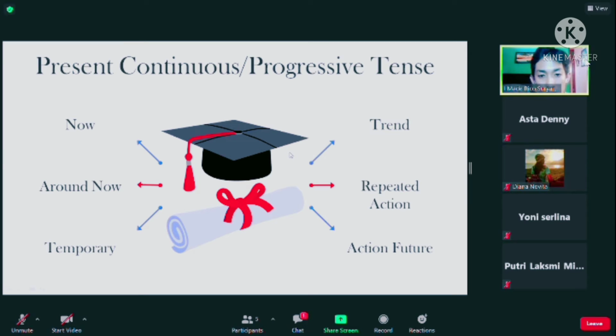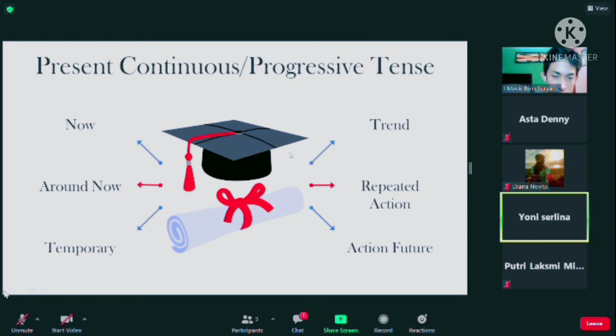So do you have any concern or still not clear maybe in a few parts? You can unmute yourself and let me know which part you still don't get. Okay, everyone.